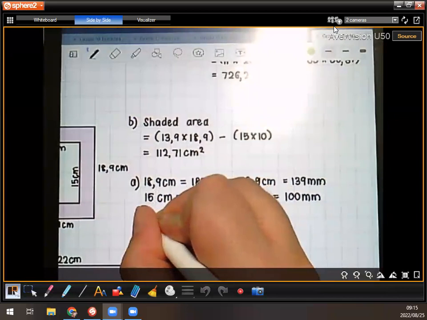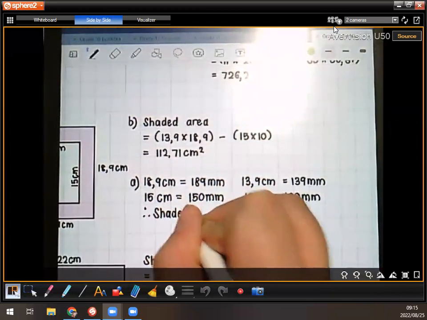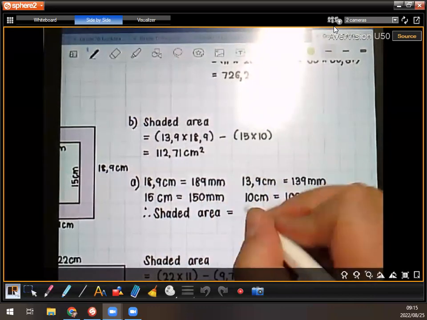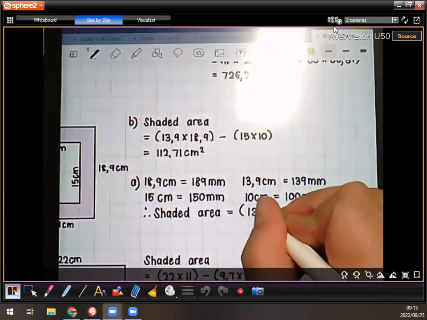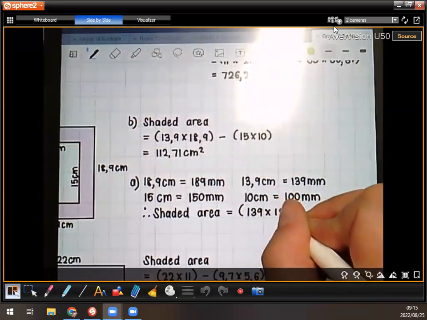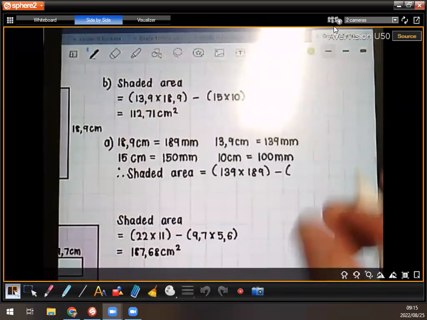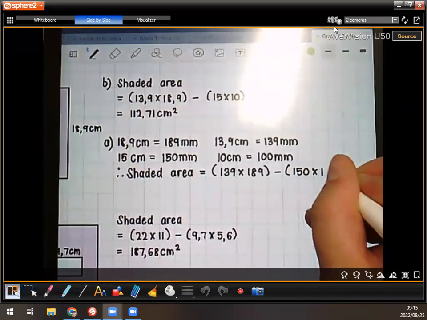So here you're going to say shaded area. And you're obviously going to get a much bigger value. So it's going to be the outer rectangle. So it's 139 times 189 minus the inner rectangle, which is going to be 150 times 100.